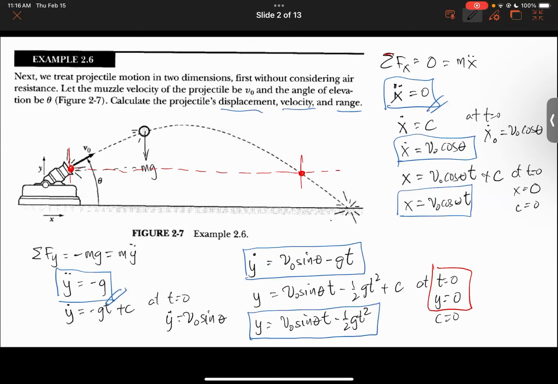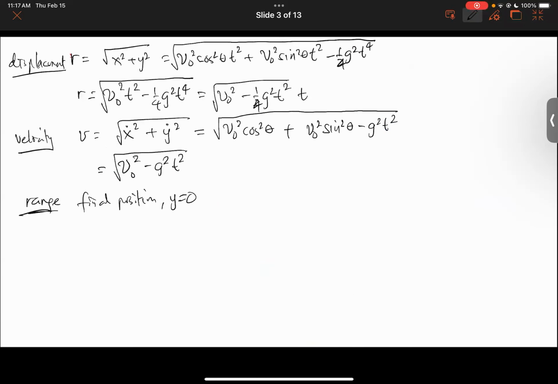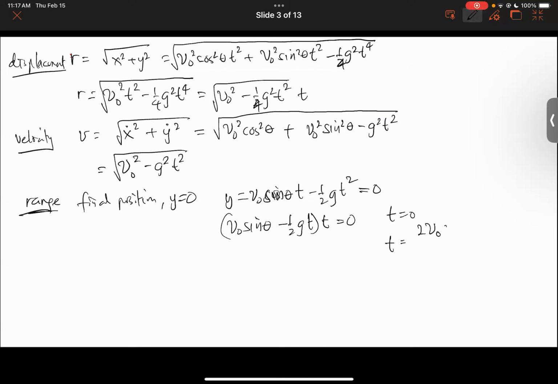And since we already have this equation for the vertical displacement, y is equal to v naught sine theta t minus 1/2 g t squared, if we set that to 0, this will give us v naught sine theta minus 1/2 g t, times t, is equal to 0, and meron dalawang solutions dyan: t equals 0 and t is equal to 2 v naught sine theta over g.